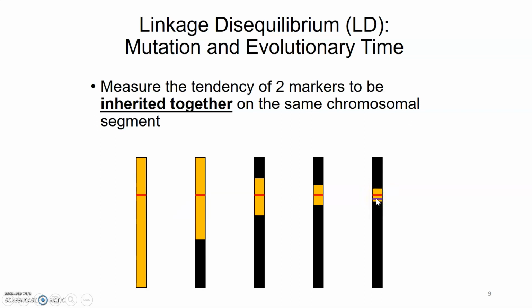It all comes down to trying to identify the causative mutation. If we genotyped a particular SNP in this black region here that's largely recombined and doesn't have any relationship to the original mutation, we won't see any statistical relationship.